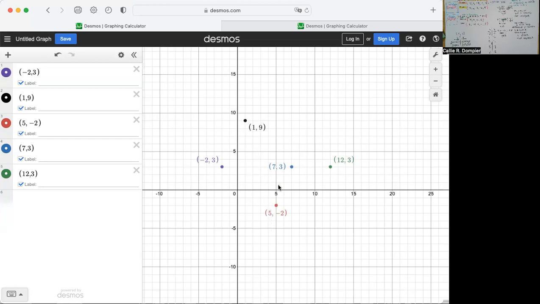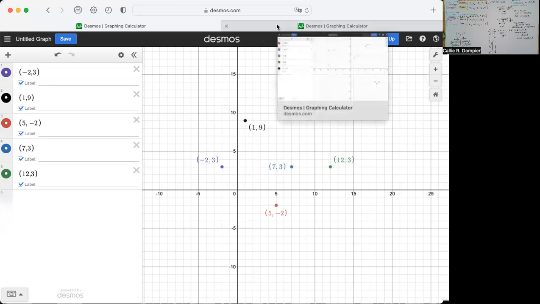The red one, the x value is 5. The blue one, the x value is 7, and then the green one, the x value is 12. Those are all unique x values, so those are all put together. If they are put together as a relation, that relation is a function. It's okay that there is a horizontal line that would go between -2, 3, 7, 3, and 12, 3, okay?